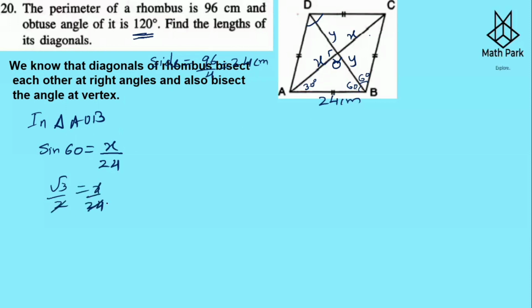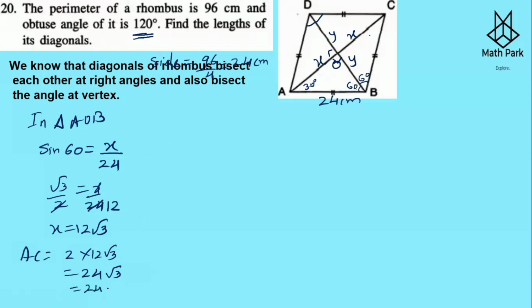2 ones are 2 and 2 12s are 24. So you get x is equal to 12 root 3. So the diagonal AC is 2 times 12 root 3, which is equal to 24 root 3, since the diagonals are bisecting. Let us put the value of root 3 as 1.732.